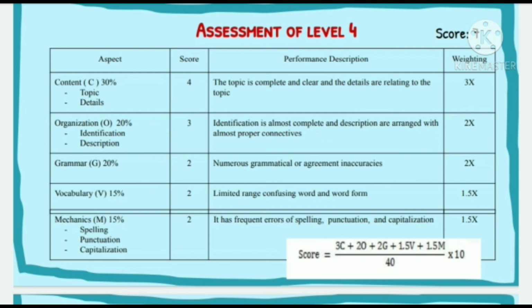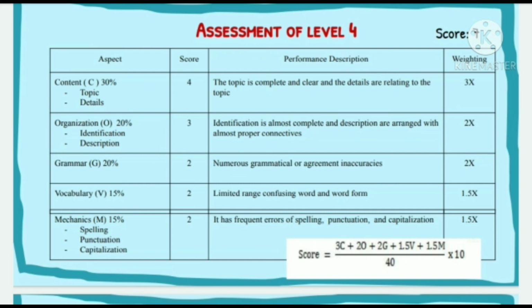Based on the text, the score for aspect 1 is 4 because the topic is complete and clear, but the details are almost relating to the topic.